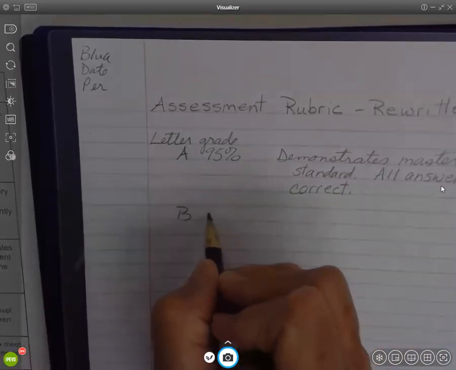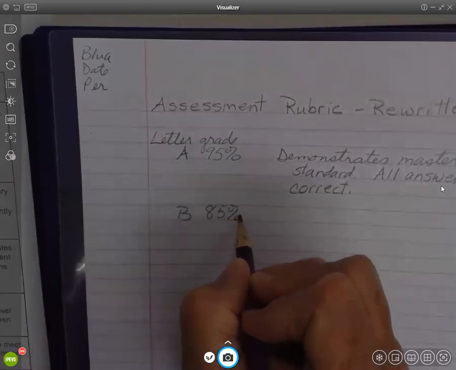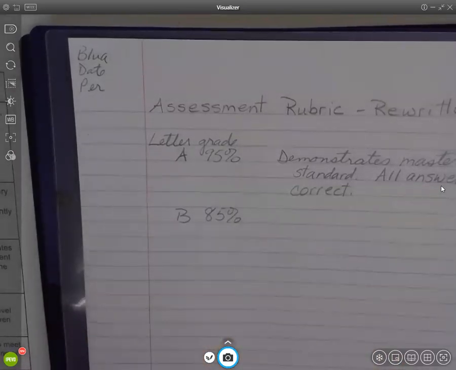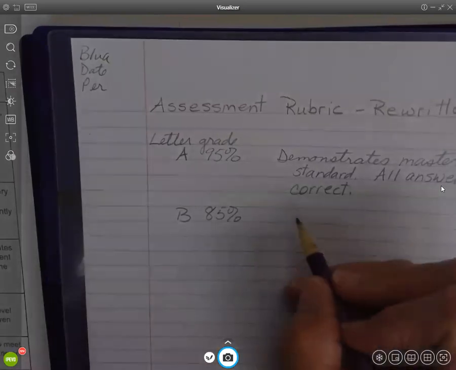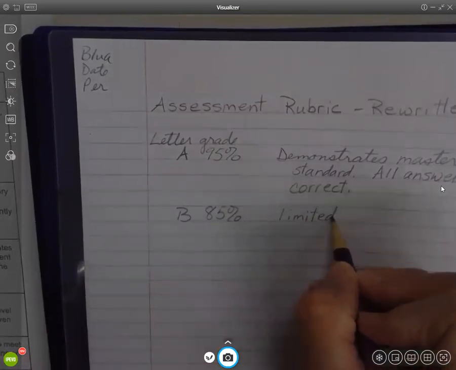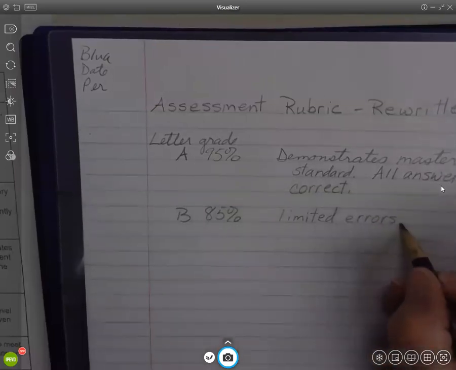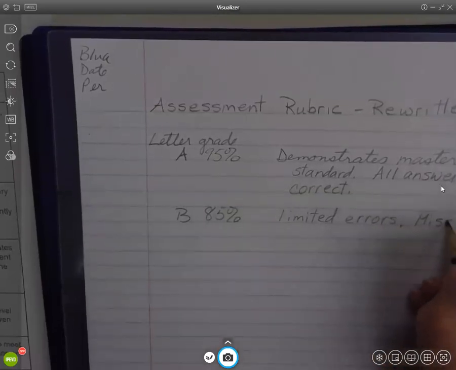A B is 85%. And here you have limited errors. You usually miss one question.